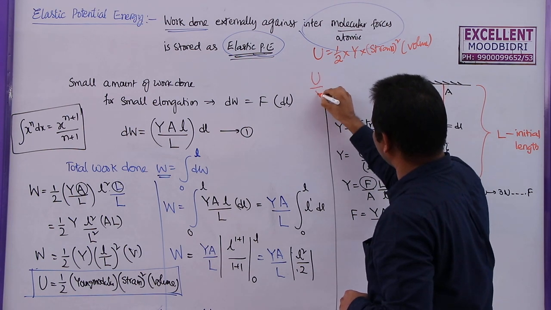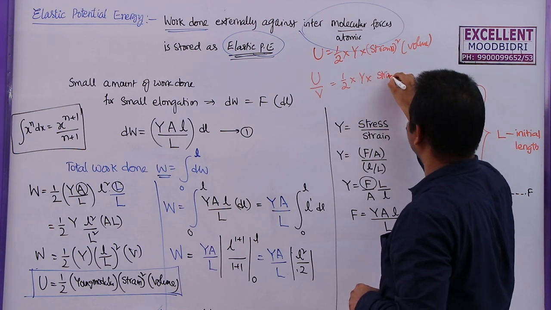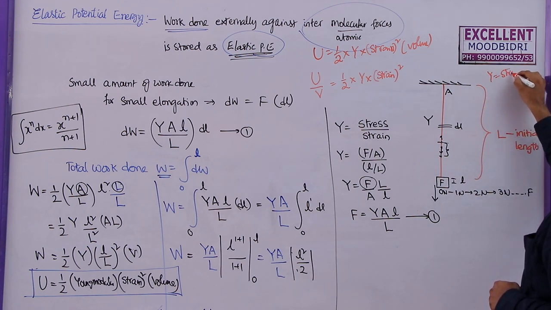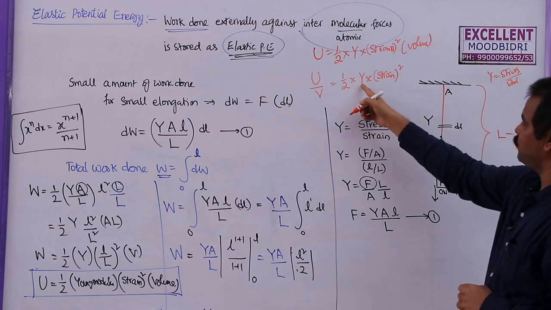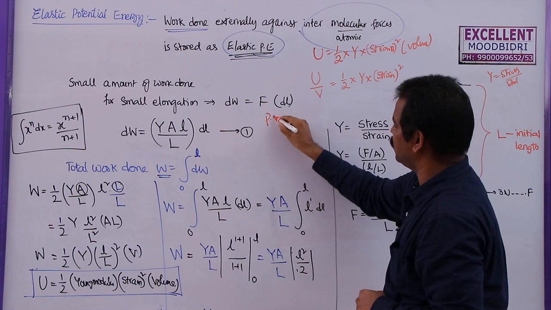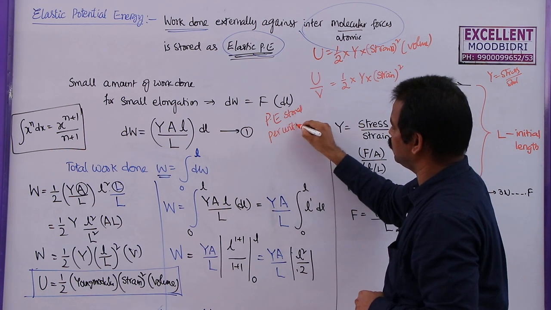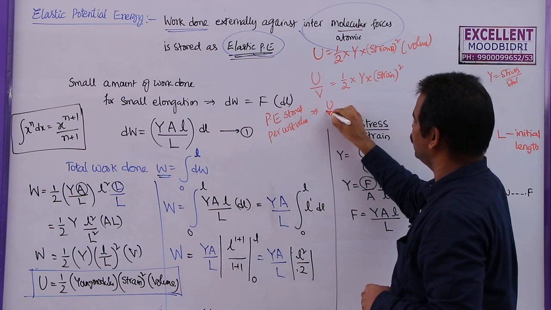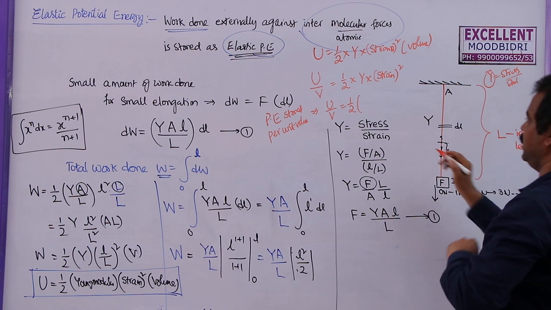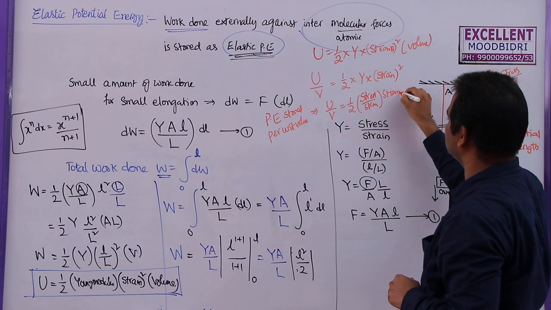Now, what is the energy stored per unit volume? You just bring the volume to this side. This will become half into Y into strain square. But we know that Y is equal to stress by strain. In place of Y, if you write stress by strain, you can write the potential energy stored per unit volume: U by V is equal to half into stress by strain into strain square.